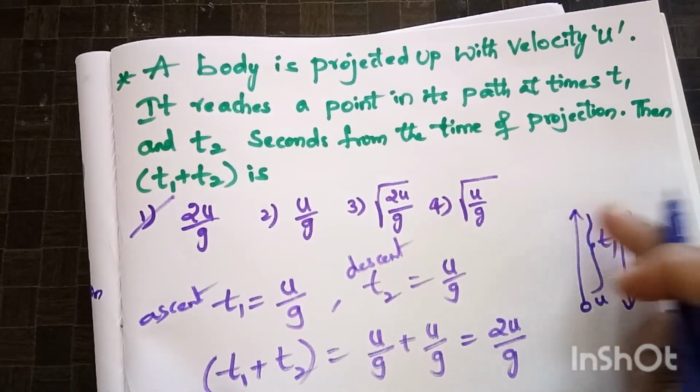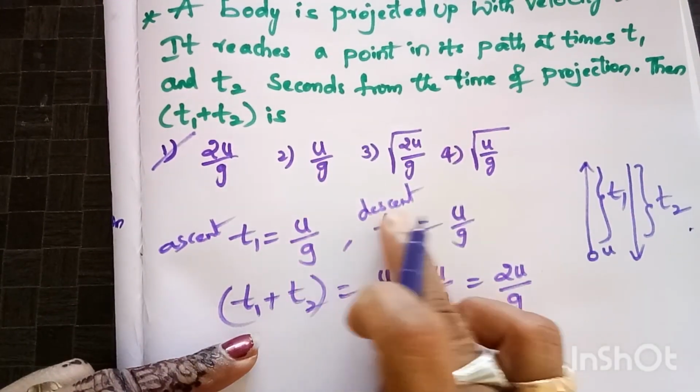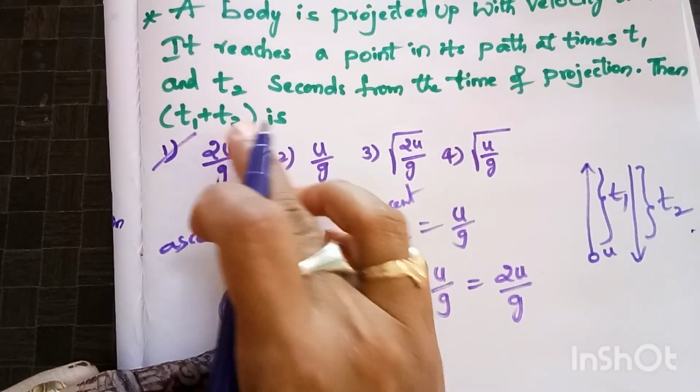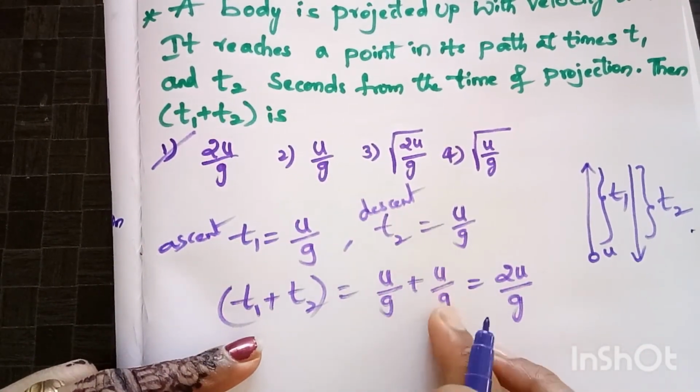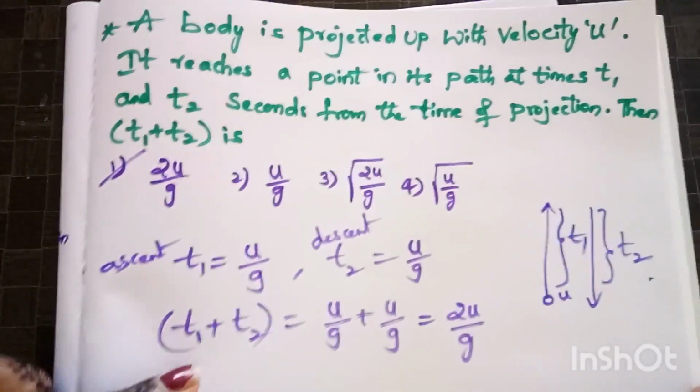Upward means time of ascent, t1, and downward means time of descent, t2. Ascent t1 is u by g, descent t2 is u by g. To find t1 plus t2, u by g plus u by g gives 2u by g. So the answer will be 2u by g.